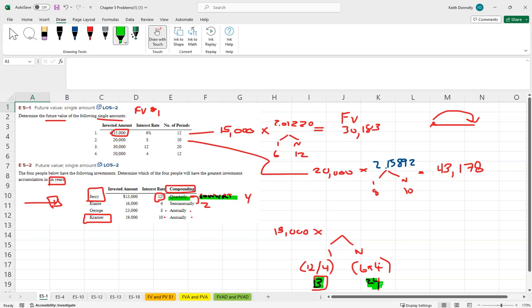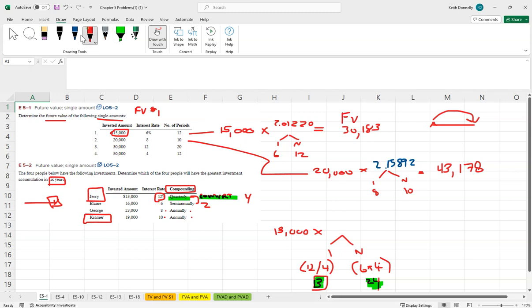Well, then there's 24 total periods. The period is based on the compounding, not the stated amount. So over a 6-year period, there are actually 24 periods where we have this compounding happen. Similar idea there with the interest.